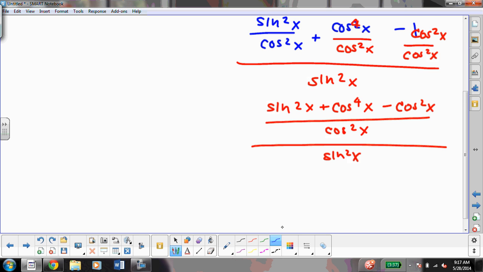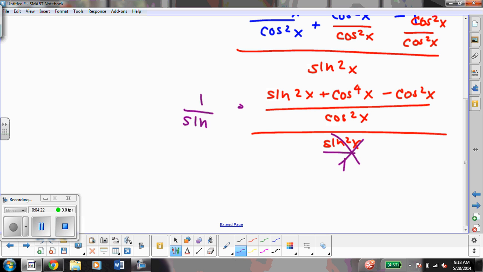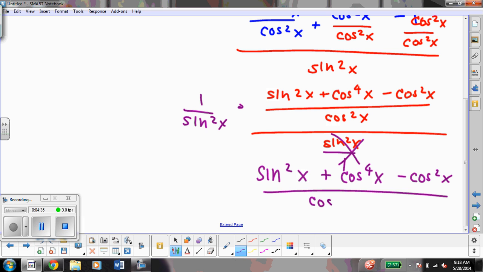Then I got kind of stuck, so I multiplied by the reciprocal. So this fraction on top gets multiplied by 1 over sine squared. So I have sine squared x plus cosine to the 4th x minus cosine squared x over cosine squared times sine squared.